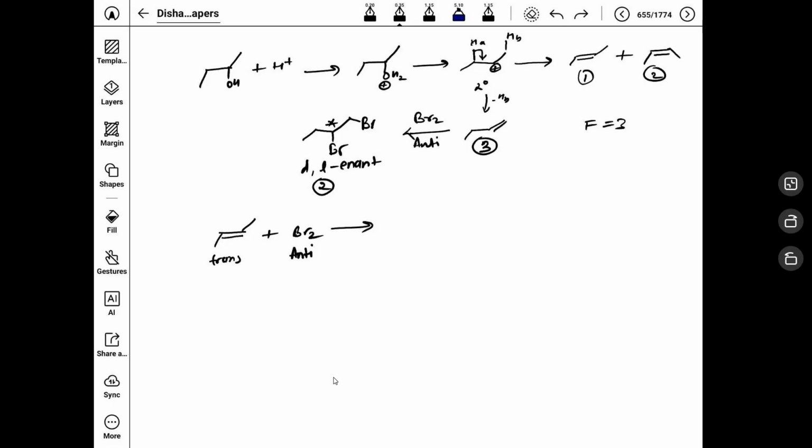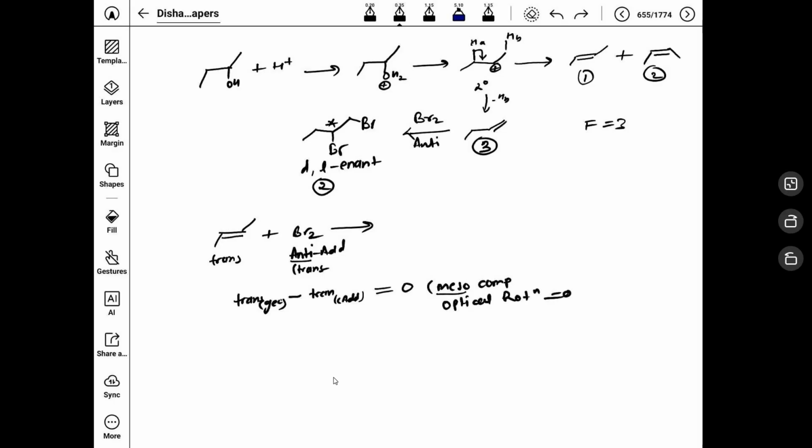We know that this is an anti-addition reaction, and let's call it trans-addition reaction. So I use my mathematical analogy: trans geometry minus trans addition gives 0. So 0 means meso compound, because meso compound has optical rotation 0.